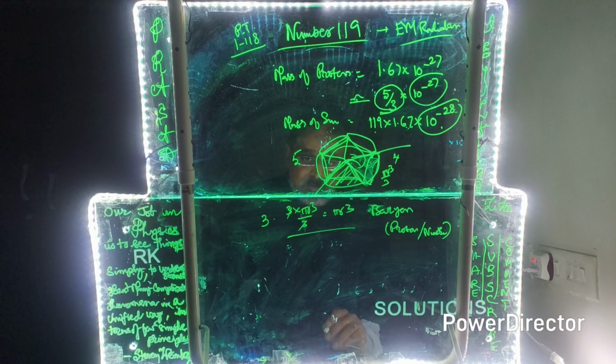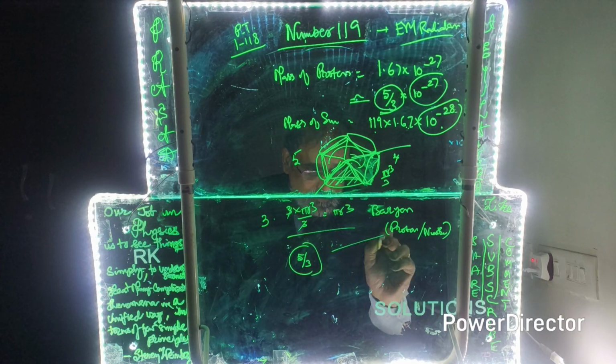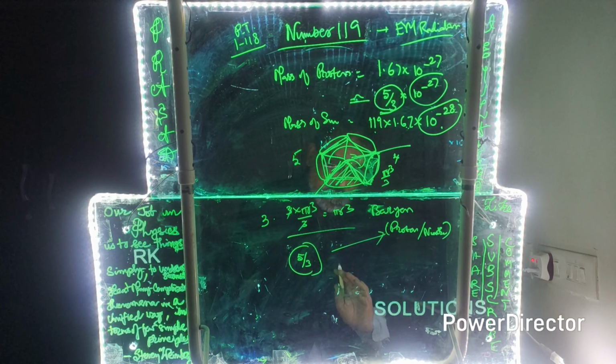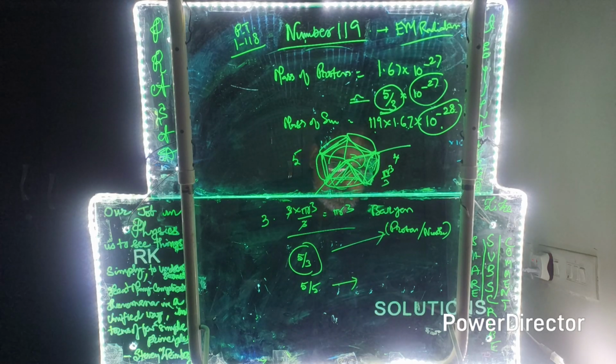Right? So 5 by 3, if we take that, gives you proton or neutron or baryon, let's say. If you take 5 by 5, the whole thing you consider, then what should it ideally give?